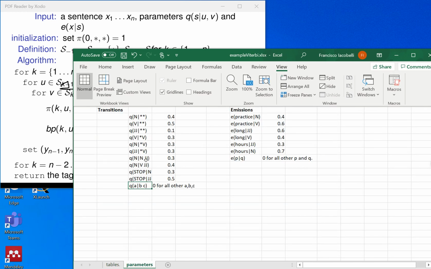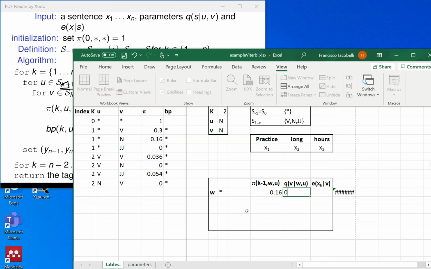We do not see it, so that's 0, right? So the entry that I'm trying to fill out is 2 and N. 2 and N is going to be 0, and the tag that originated that was a star.